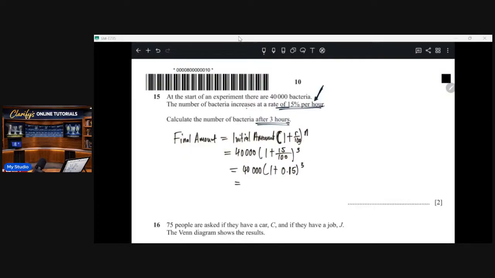What answer do you get here? 40,000 multiplying 1.15 to the power of 3. 1.15 to the power of 3 means 1.15 times 1.15, then you get an answer, then you say times 1.15 again. The answer is $60,835.